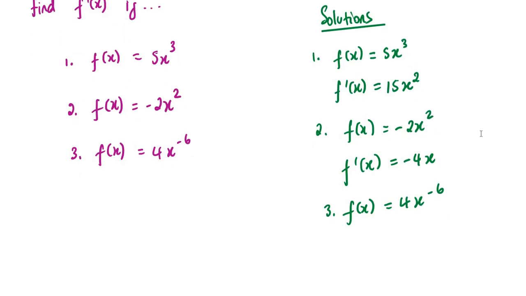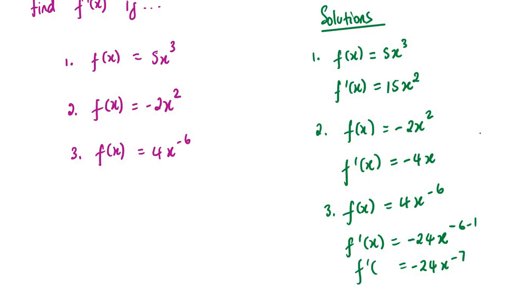Now it says we must find the derivative, isn't it? So to find the derivative, you simply start by multiplying the coefficient with the exponent. 4 times negative 6 should give you negative 24. Then you write the letter x and you subtract 1 from the exponent. So we say negative 6 minus 1. The answer there would be negative 7.